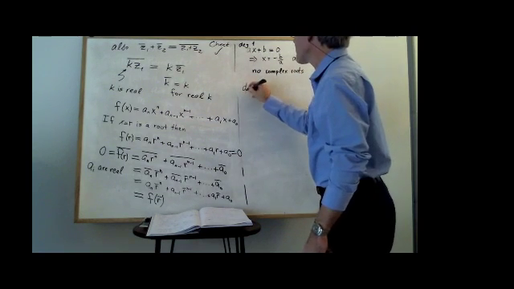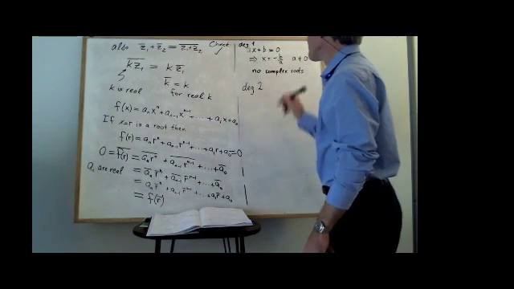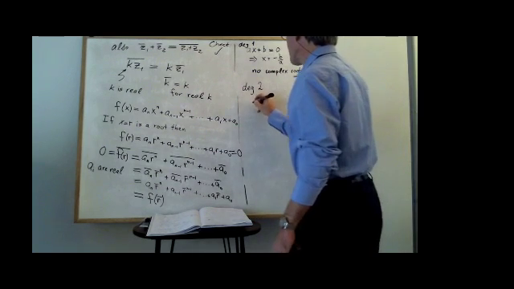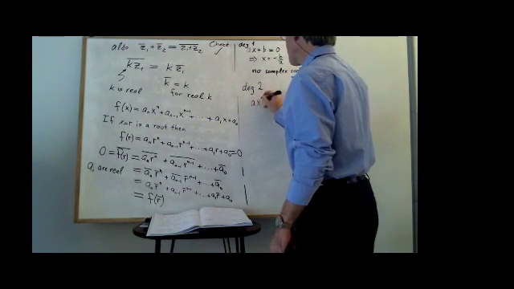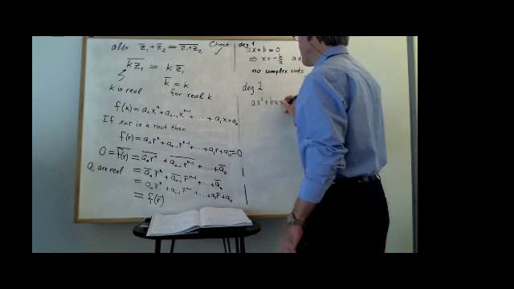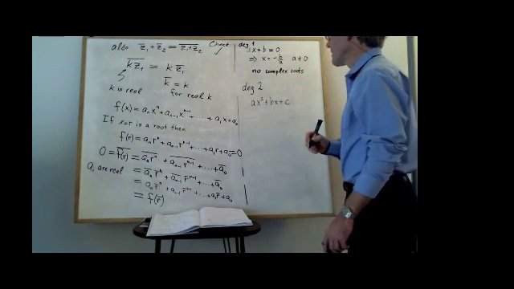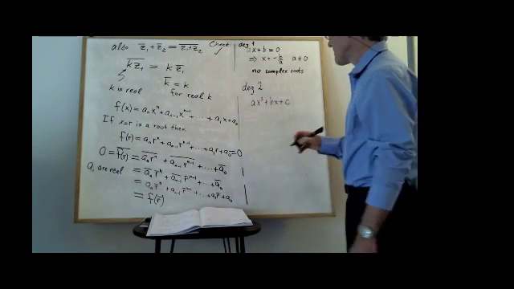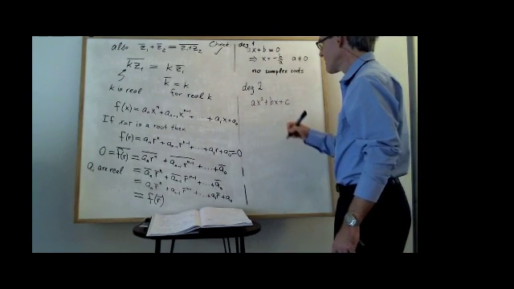For quadratic, degree 2, we'll have ax squared plus bx plus c. Remember how you would solve it using the quadratic formula.